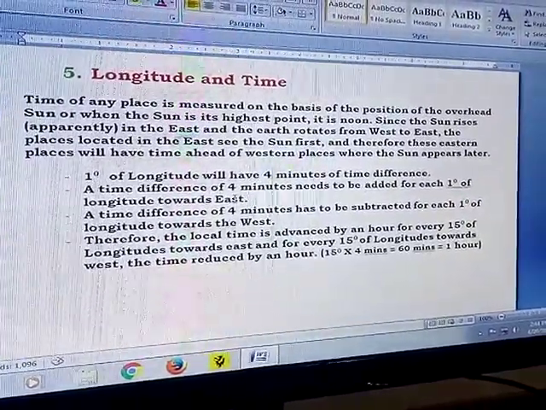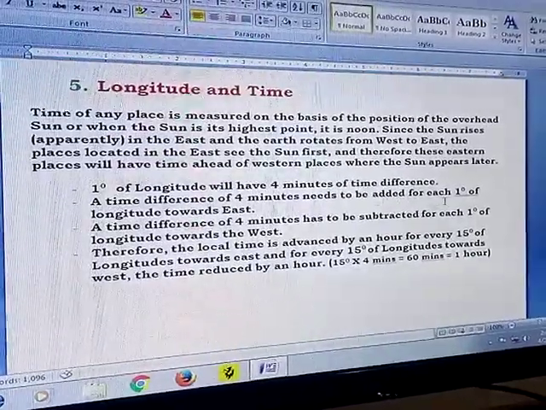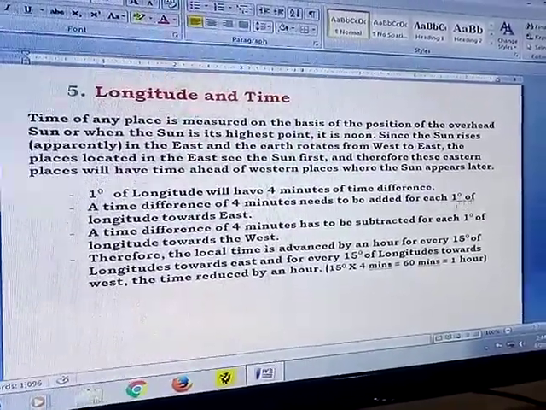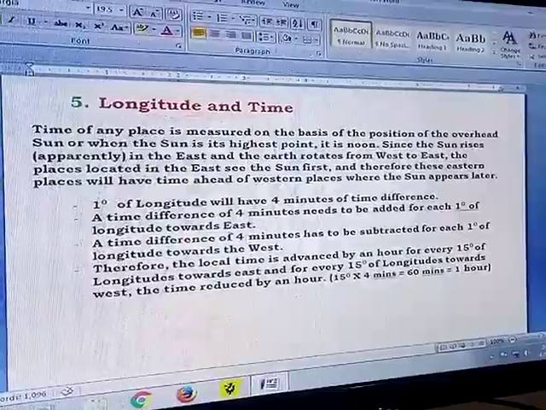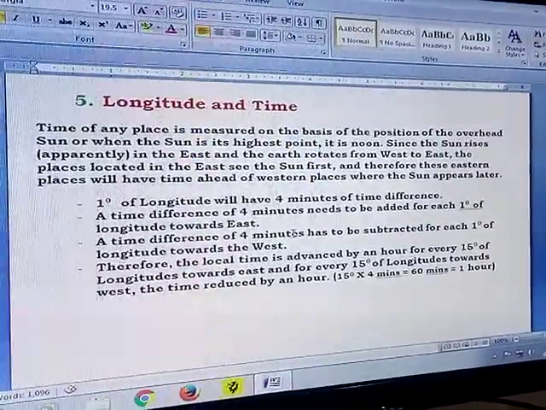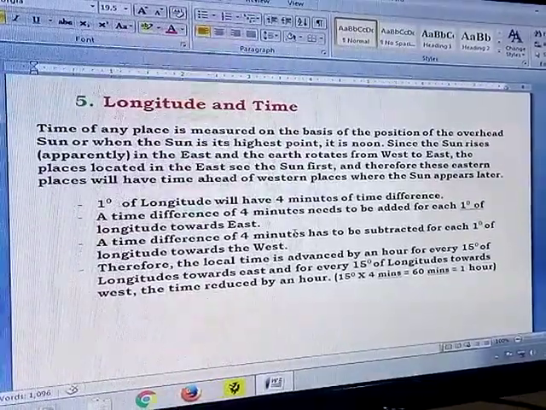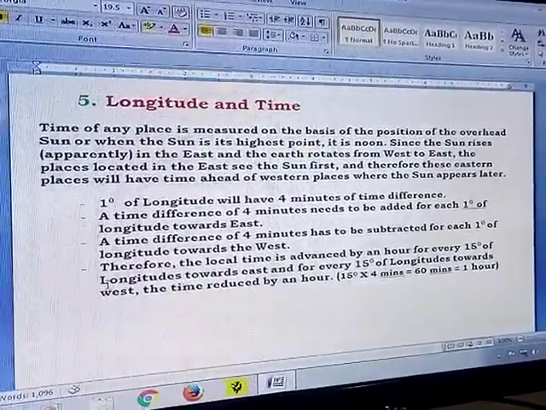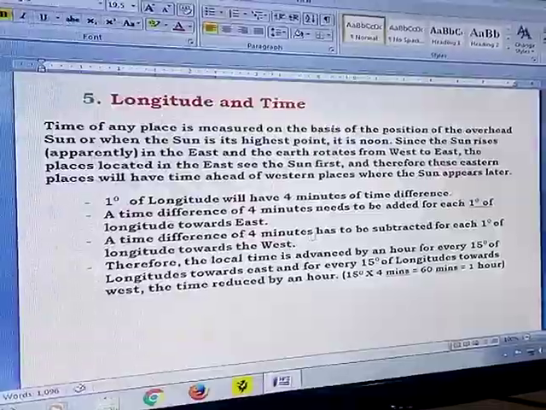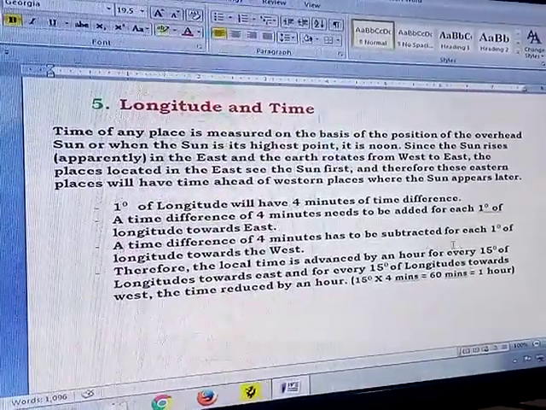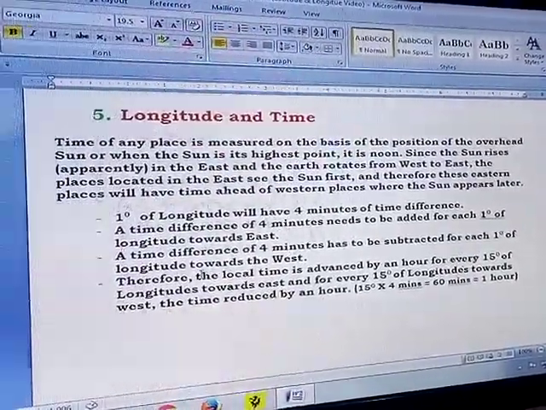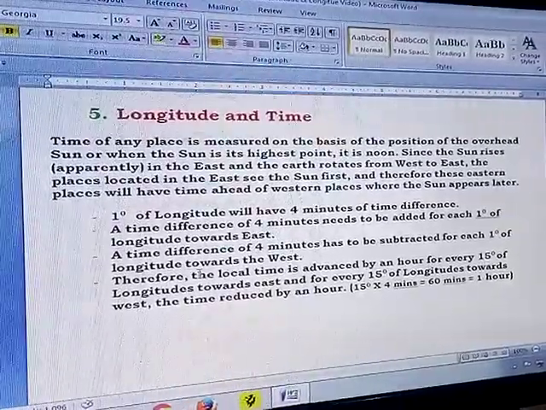A time difference of 4 minutes needs to be added for each 1 degree of longitude towards the east. It is added because the sun rises in the east first. But 4 minutes has to be subtracted for each 1 degree of longitude moved towards the west.